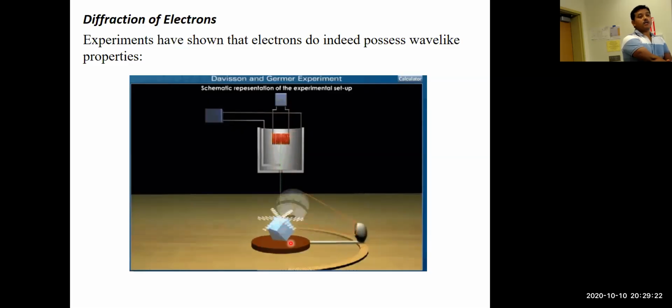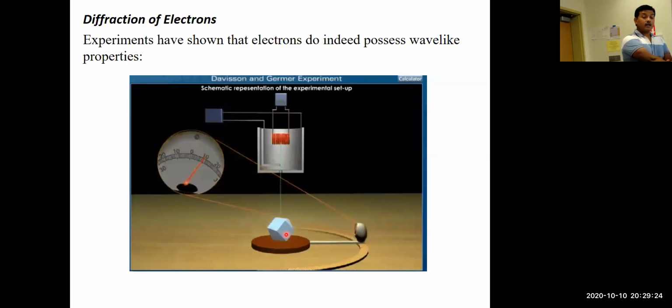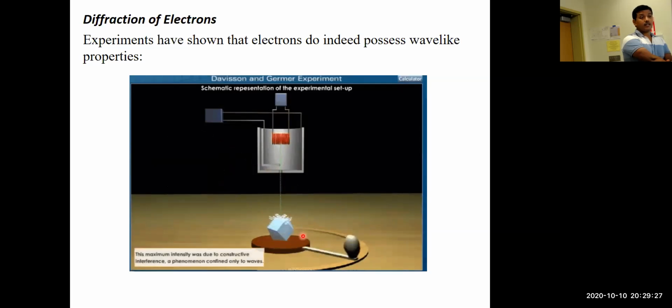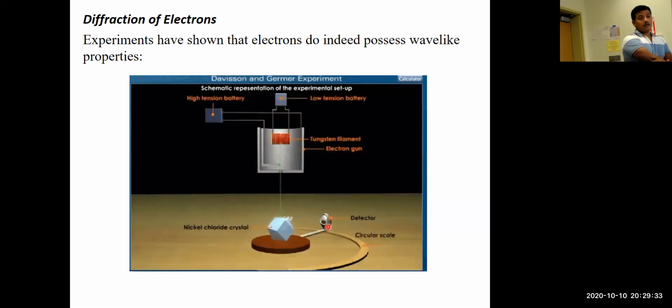They direct those electrons to a nickel crystal. It is a crystal structure with a fixed arrangement, connected to a metal and a detector for the electron flow.